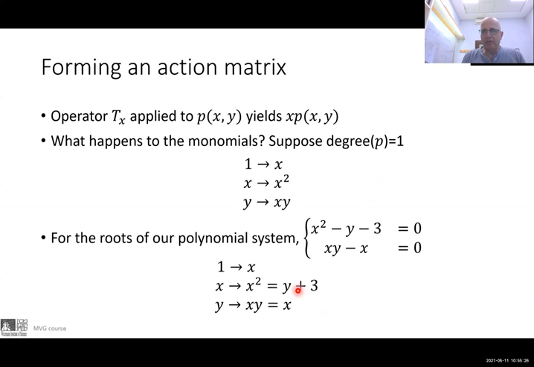How were we able to do that? The reason was that we had x squared here, which happens to be equal to y plus 3 from this polynomial system, and xy, which happens to be x. If we had y squared here, we were unable to go back. The polynomial system here doesn't tell us how to go back to a first order.